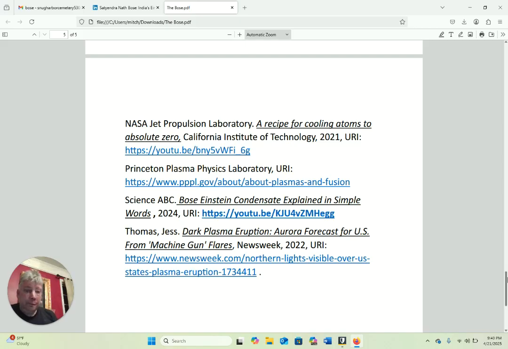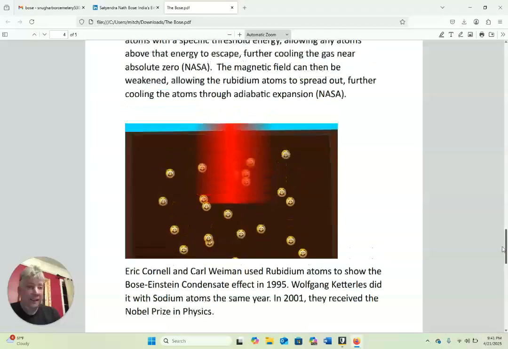And then I also like Thomas Jess's Newsweek article on dark plasma eruption aurora forecast. So it was a lot of fun looking at this and learning more about the Bose Einstein concept.